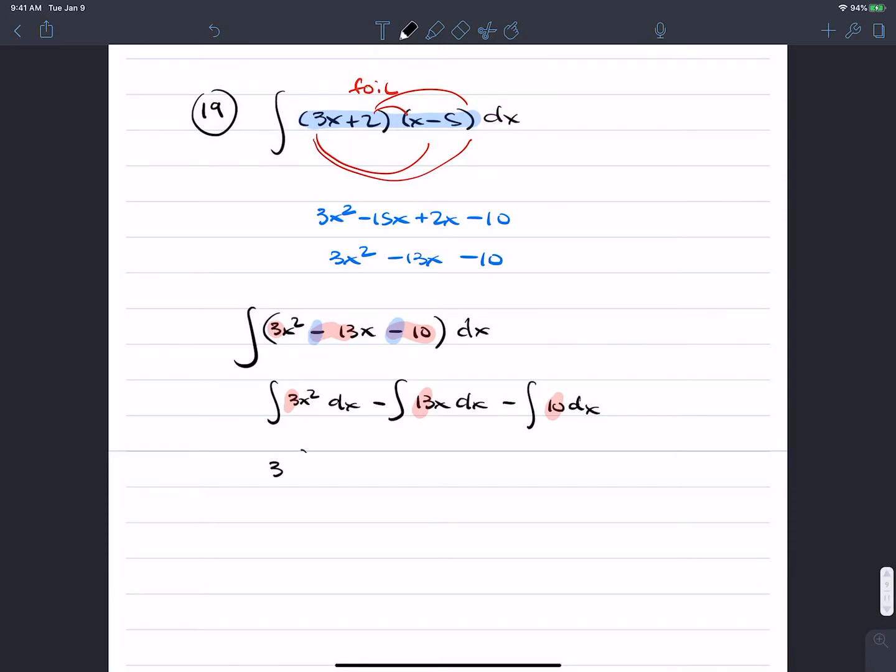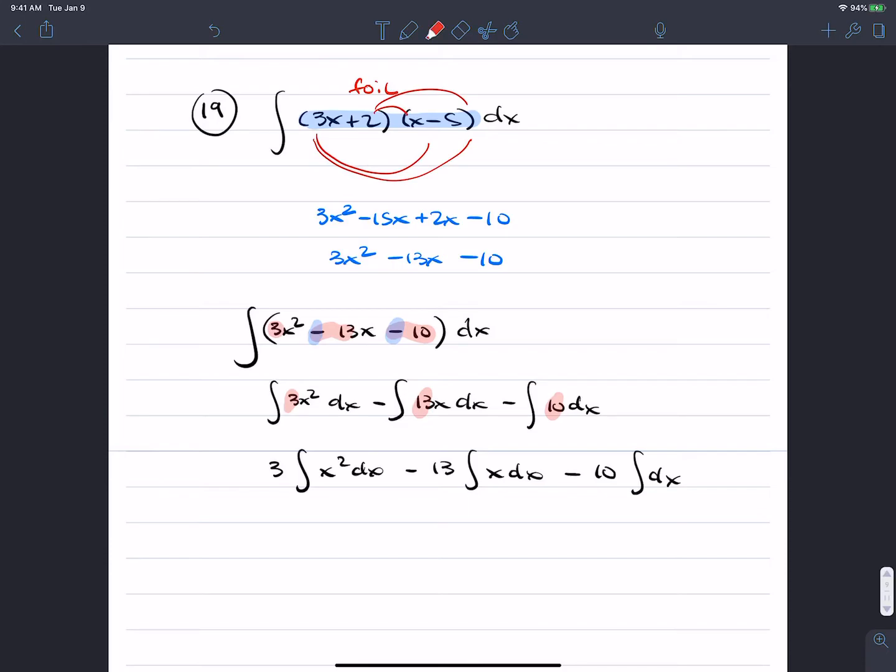So you'll have 3 integral x squared dx minus 13 integral x dx minus 10, just the integral of dx. So I think we'll do it this way. I'm just going to use the properties of integration, sums and difference property, first, and then pull out your constants.